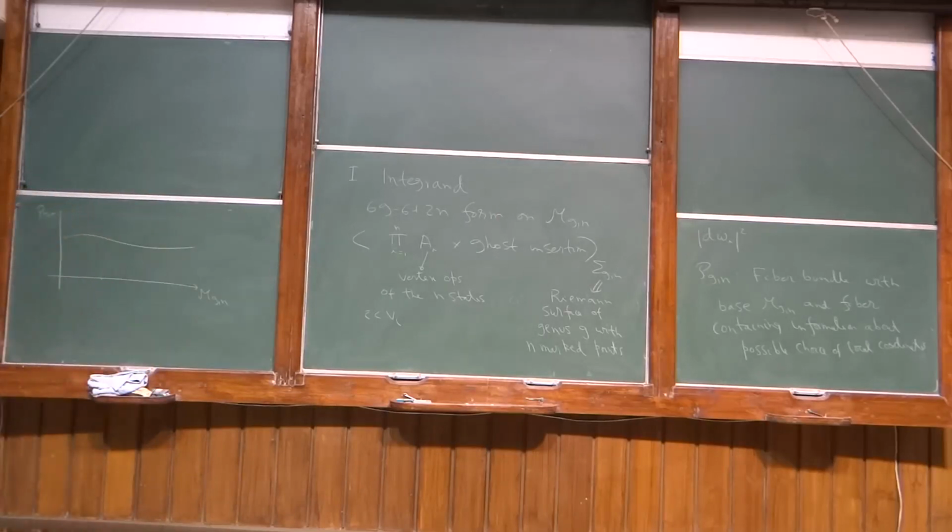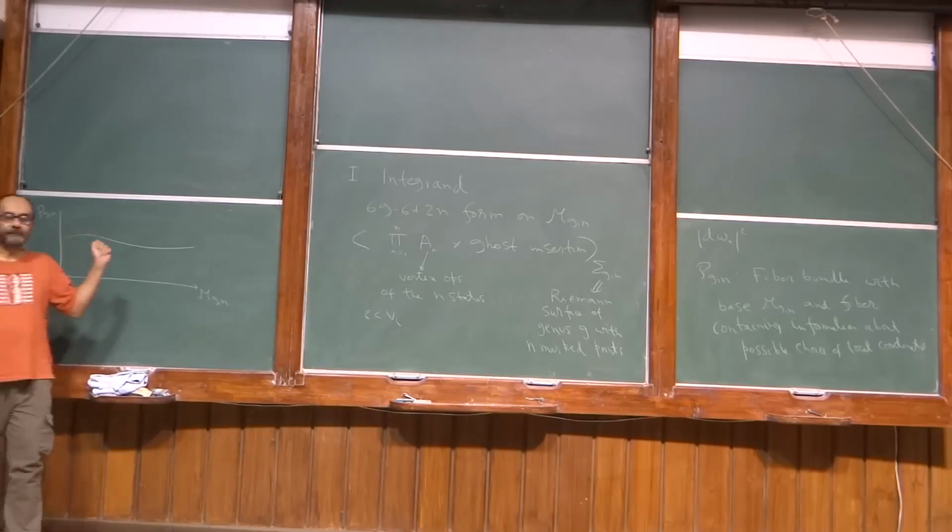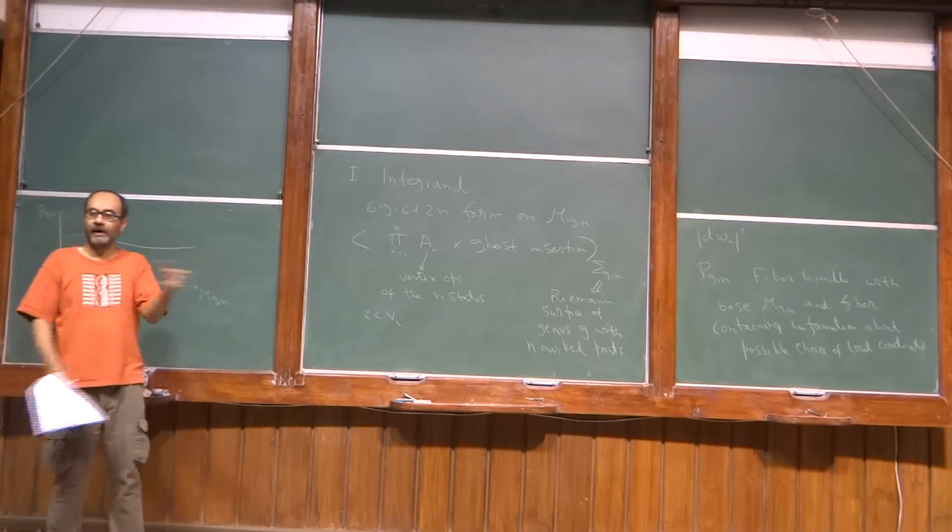Once you give a section of the fiber bundle, that basically means that for every point in M_{g,n} you have some particular choice of point in the fiber direction. And a particular choice of point in the fiber direction corresponds to a very specific choice of local coordinate system on the manifold. A specific point means that you have chosen all the functions.